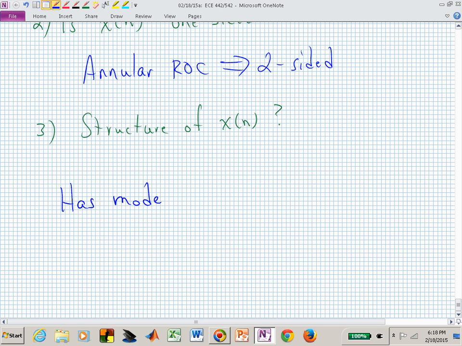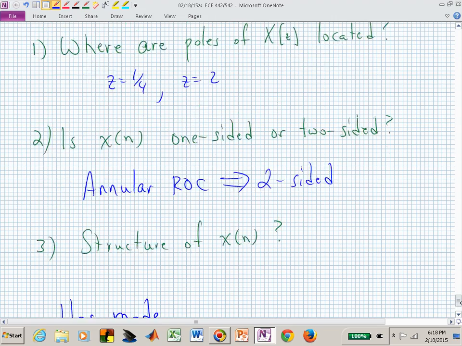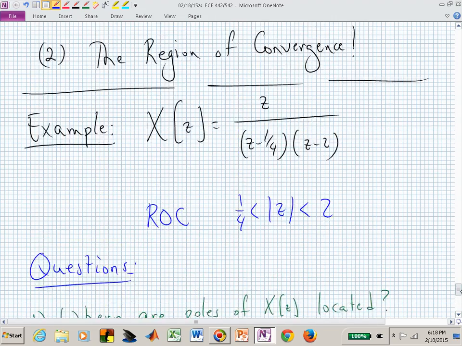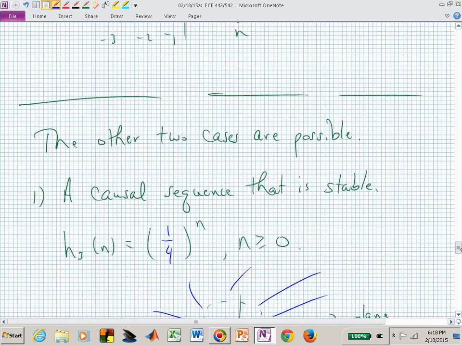What are the modes? Or what are producing our structure for little x of n? And you tell me where to stop.